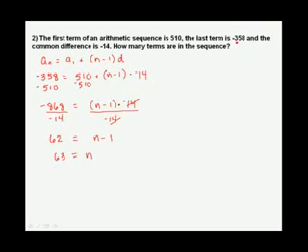That will cancel out the negative 14 on this side. Negative 868 divided by negative 14 is 62. 62 equals n minus 1. Just add 1 on both sides. 63 is n. So negative 358 would be the 63rd term of this sequence.